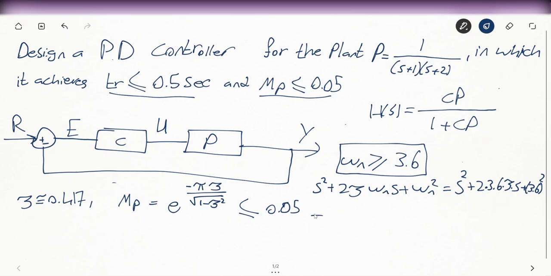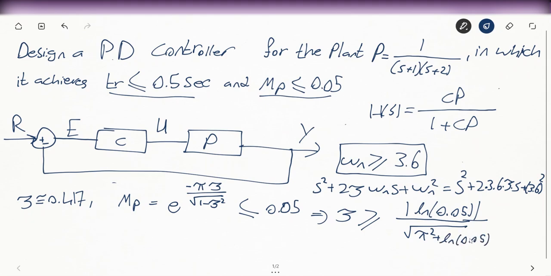Now, doing some mathematical manipulations, from this condition we get that zeta should be greater than or equal to the absolute value of the logarithm of 0.05 over the square root of pi squared plus the logarithm of 0.05 squared.